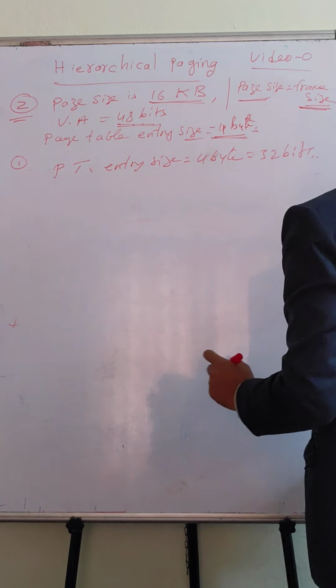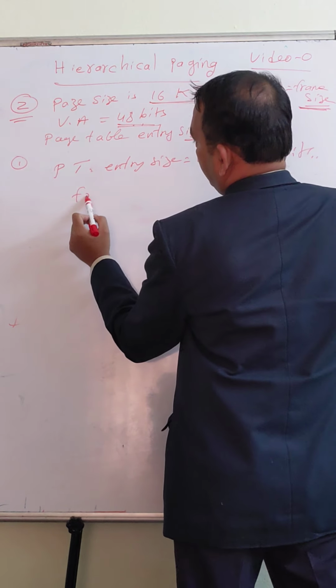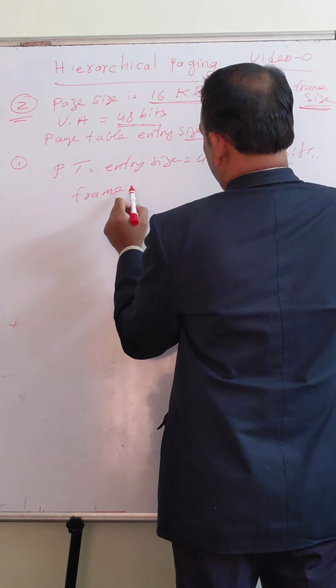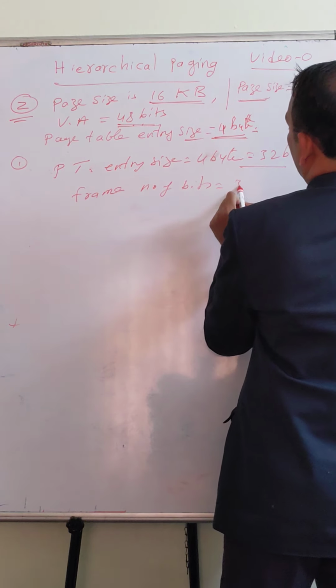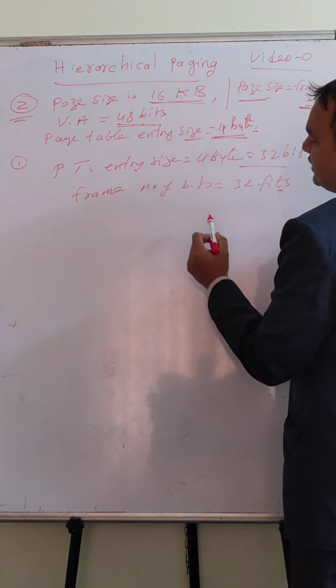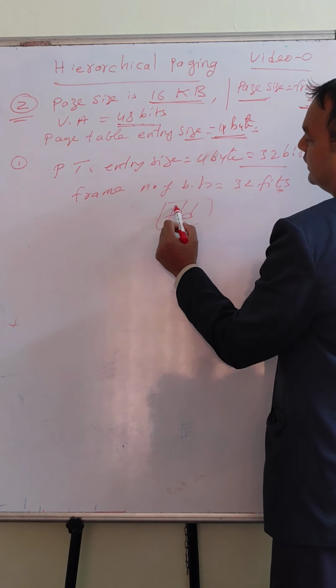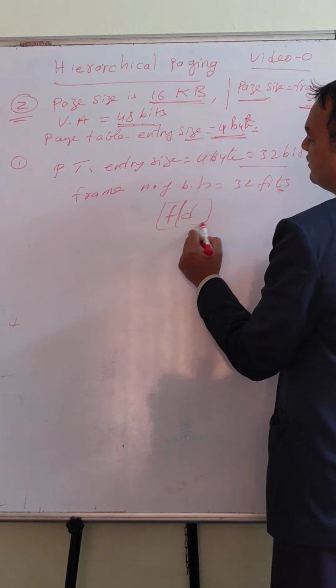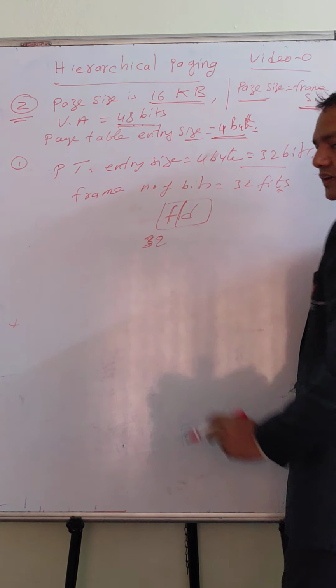Obviously, it means the number of frame bits is equal to 32 bits. In the physical address, we need F and D. Now F is 32 bits. We already found F is 32 bits.